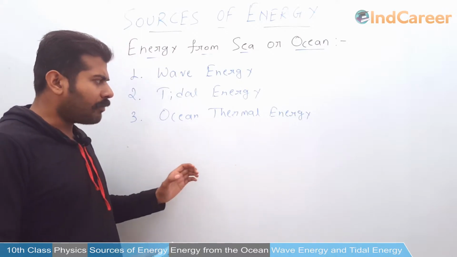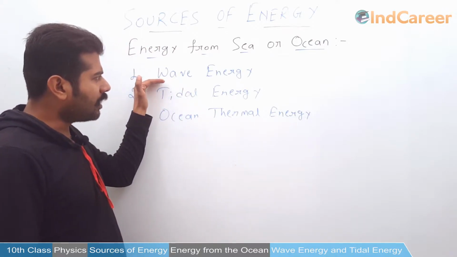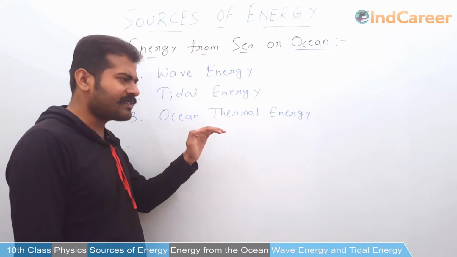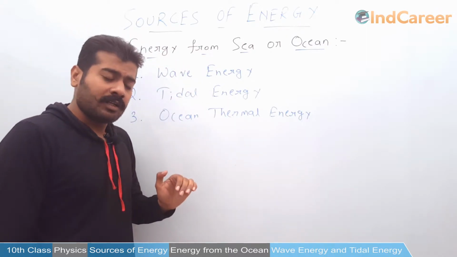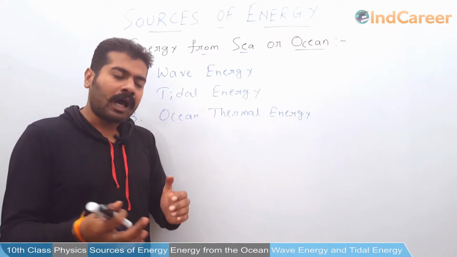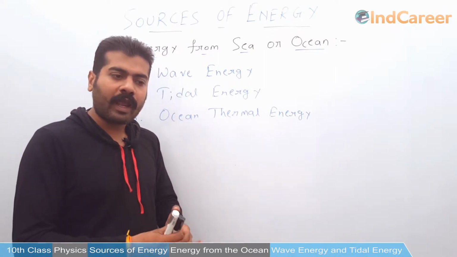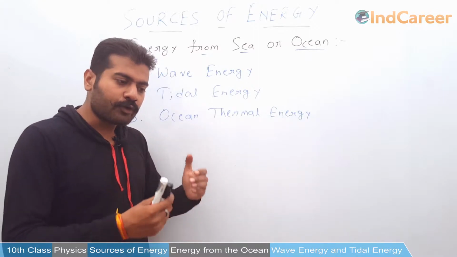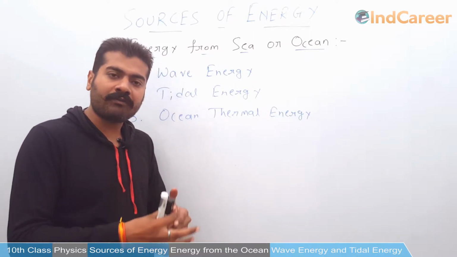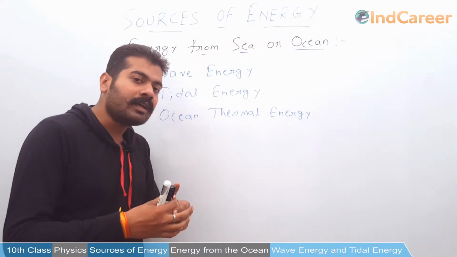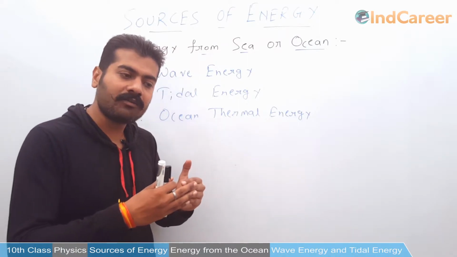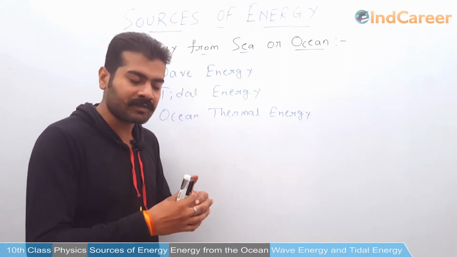Now let's talk a little bit about the wave energy, the tidal energy, and then the ocean thermal energy. What is wave energy? High winds blow around the seas and the oceans. Due to these high blows of the wind, the water moves in the sea in the form of waves, and that flow of water is called waves.